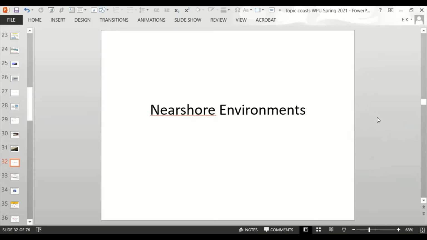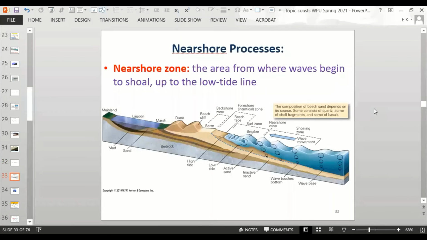Then we have near shore environments. So near shore is the area from where waves begin to shoal up to the low tide line. Okay, so here is your shoaling zone.